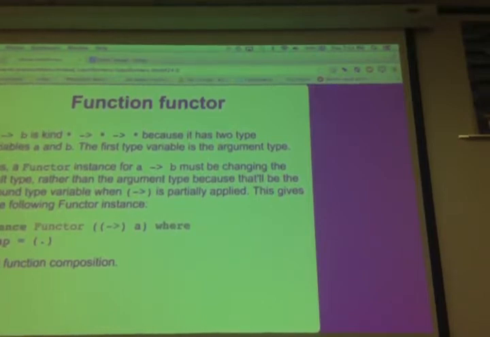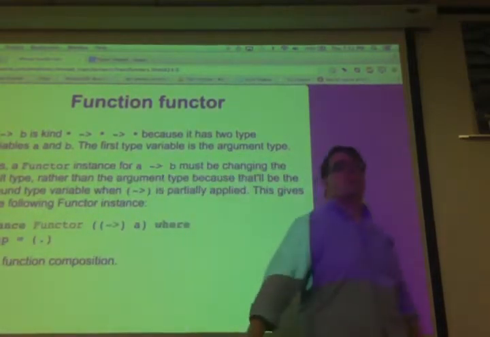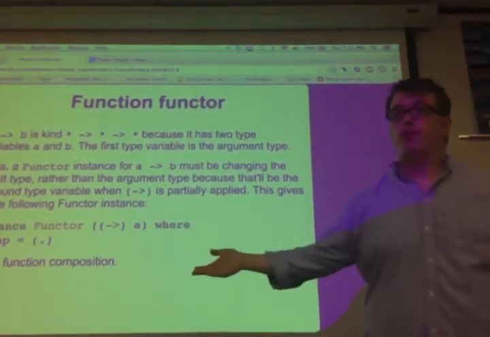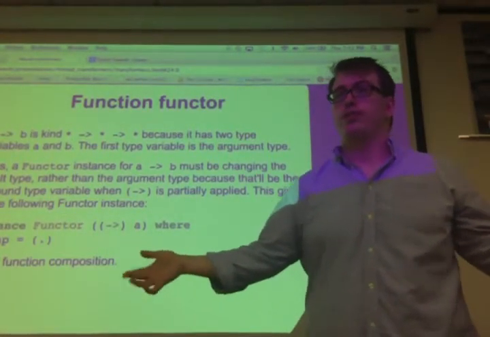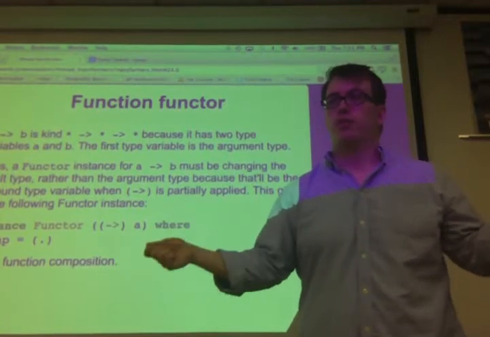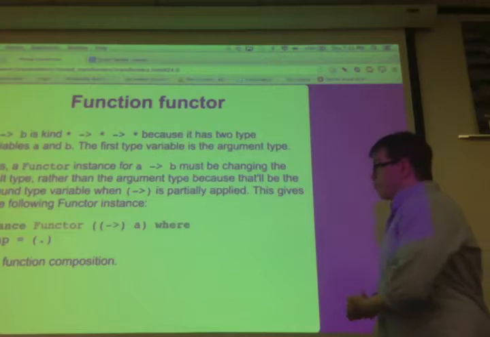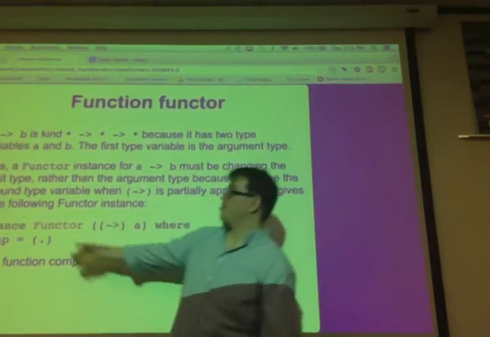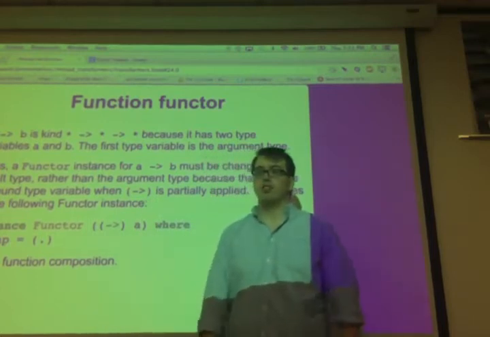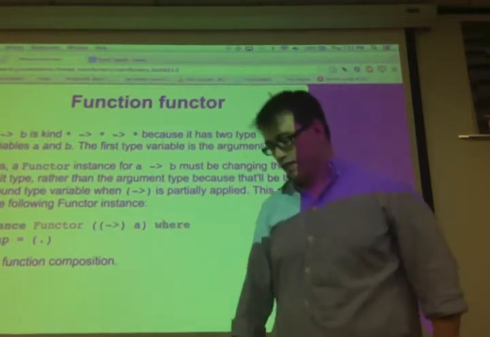So the functor must necessarily be mapping over what? If we took the argument out of scope, what are we transforming with the functor? We're transforming the result. The implementation of functor for this type is just composition. That's it.